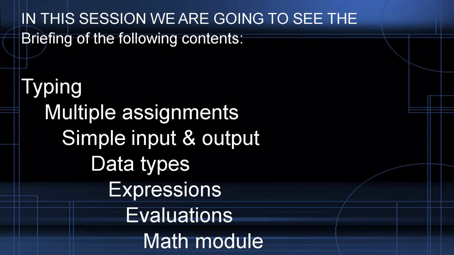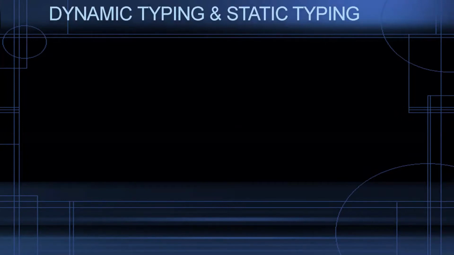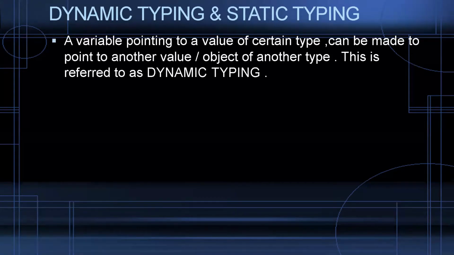So let's start with typing. There are two types of typing, that are dynamic typing and static typing. A variable pointing to a value of a certain type can be made to point to another value or object of another type.